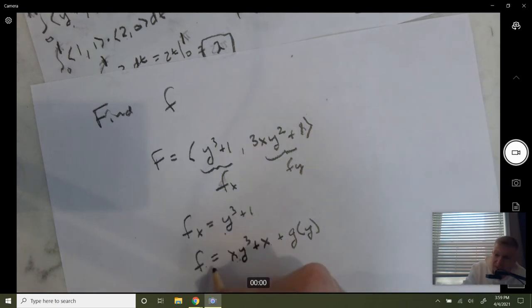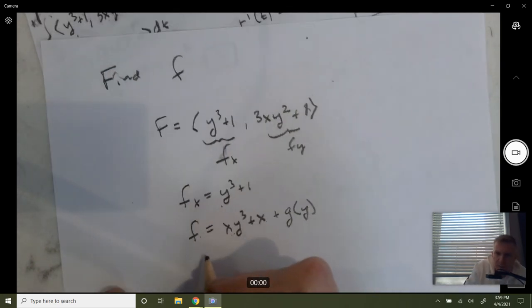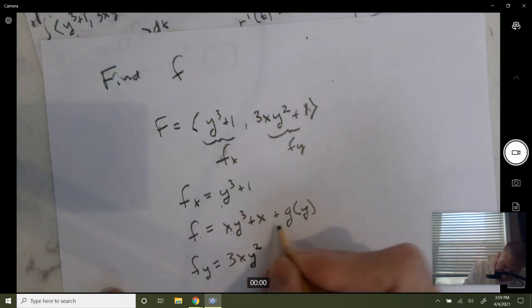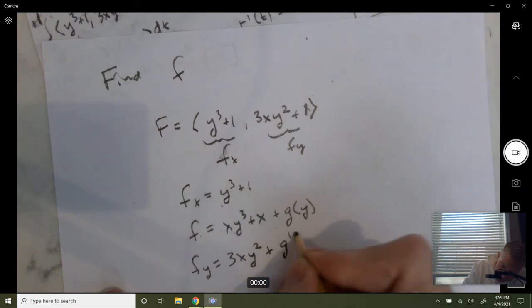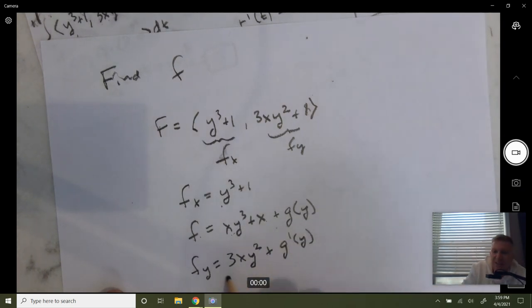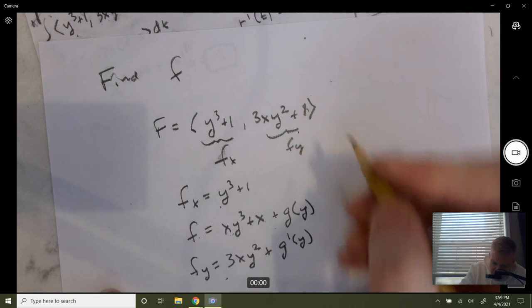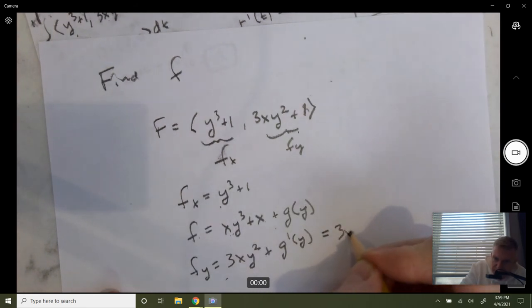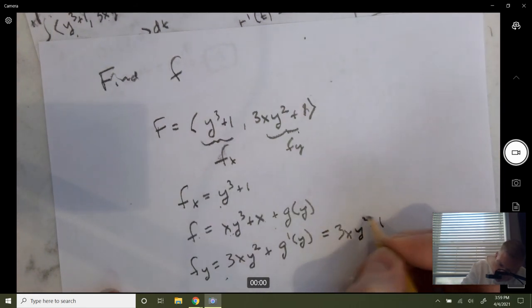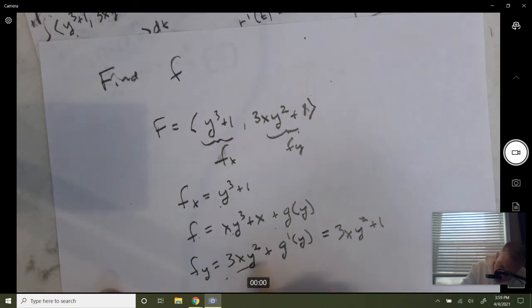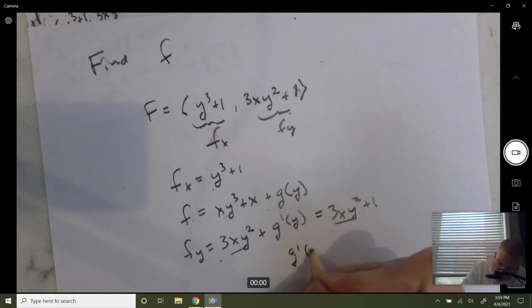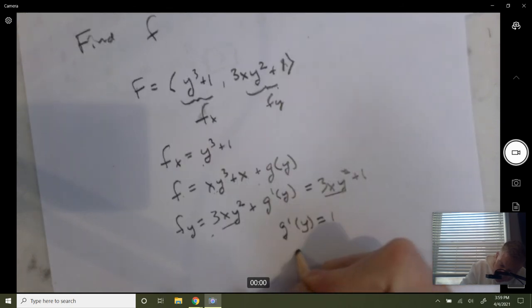Okay, now we're going to take a y derivative. f_y equals 3xy squared, plus g prime of y, and this has to match 3xy squared plus 1. Subtract those, and g prime of y is equal to 1, so g of y equals y.